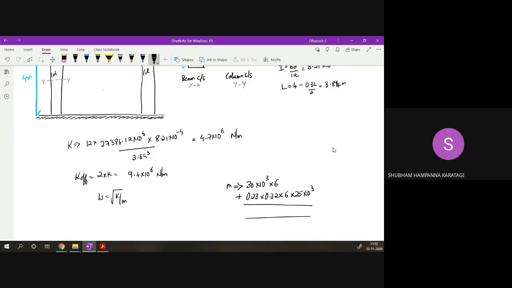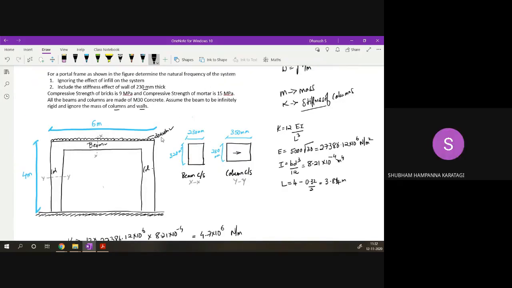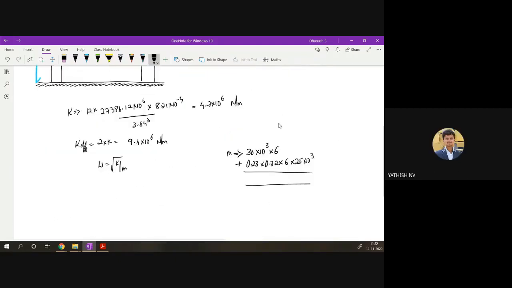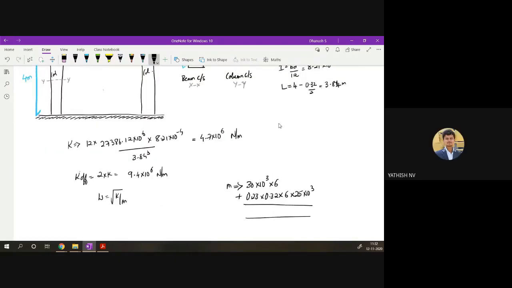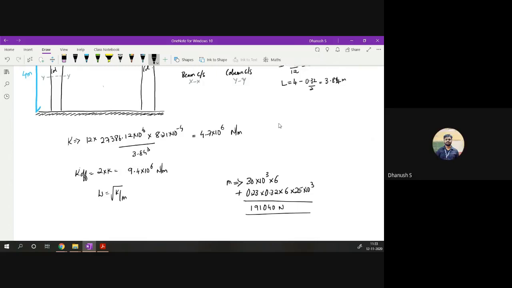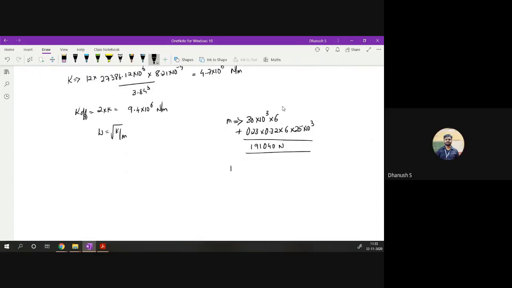So what is the UDL, sir? 30 kilonewton per meter. There is a UDL on top. How much is it? 191040 Newton. Okay, convert this to mass in kg. 19474 kg.